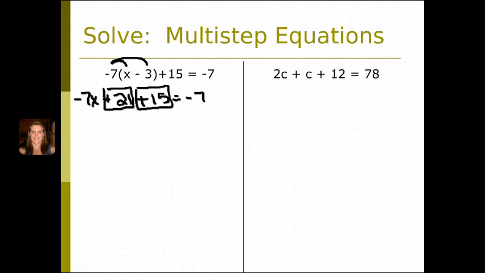So I have negative 7x plus 36 equals negative 7. Okay, I don't have variables on different sides of the equal sign, so I'm okay to continue on to undoing the addition. So I'm going to subtract 36 from both sides.